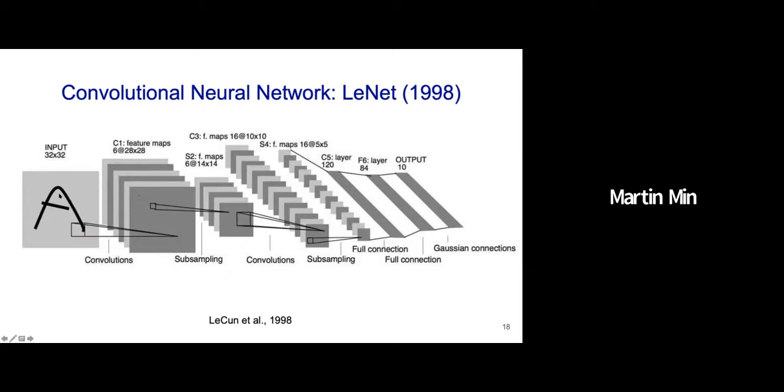Each kernel will produce an output plane this big, so if we have 100 kernels, we will produce 100 output planes. After the convolution, we apply a nonlinear activation function, either tanh, sigmoid, or ReLU, and this is the final output of the convolutional layer.